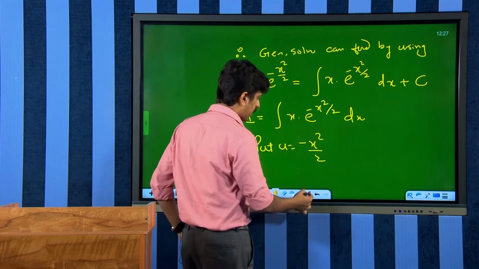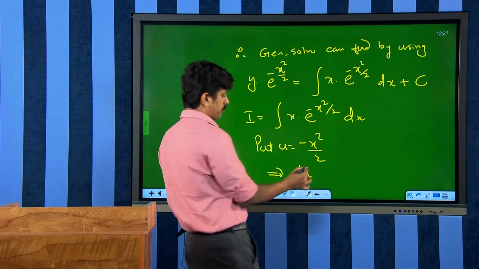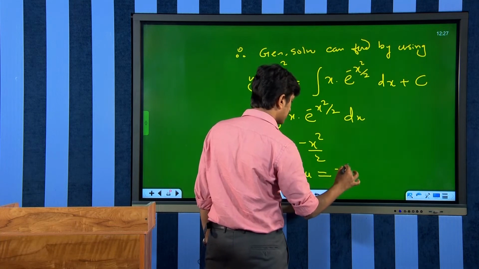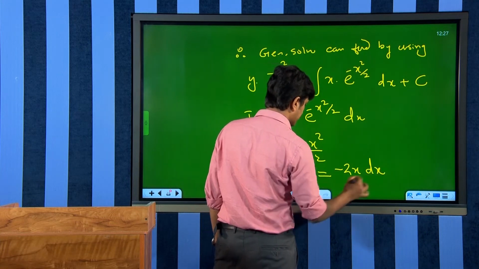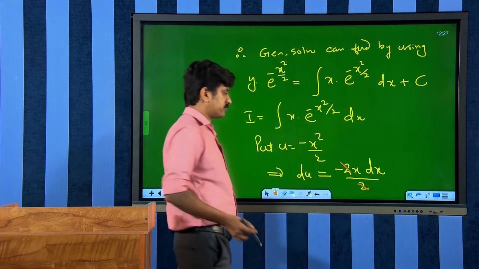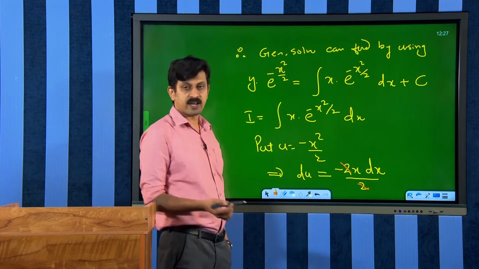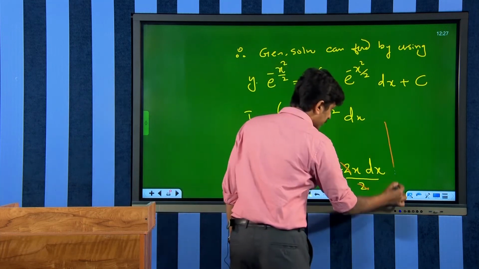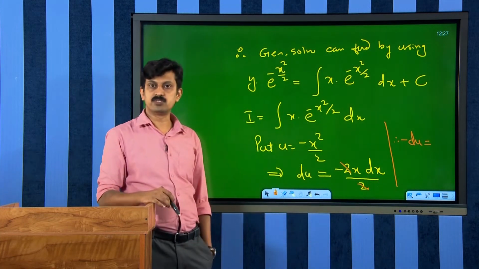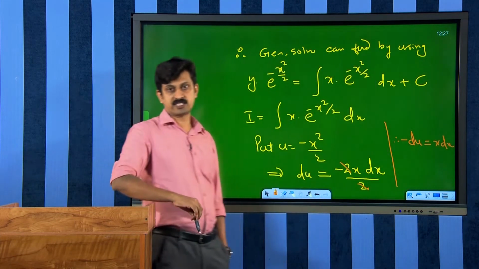Differentiating, du is equal to minus 2x dx divided by 2. Therefore, minus du is equal to x dx.